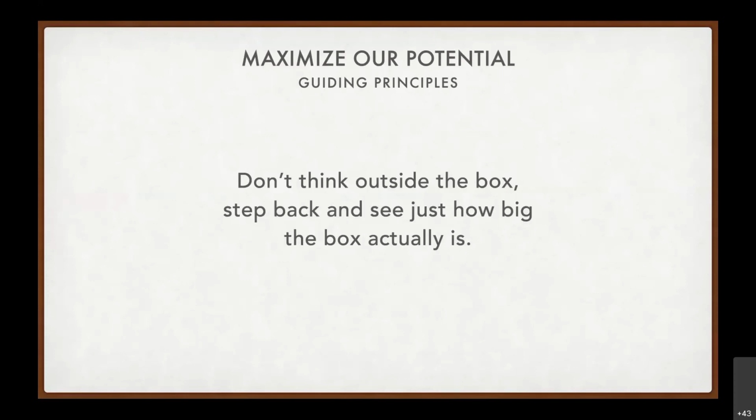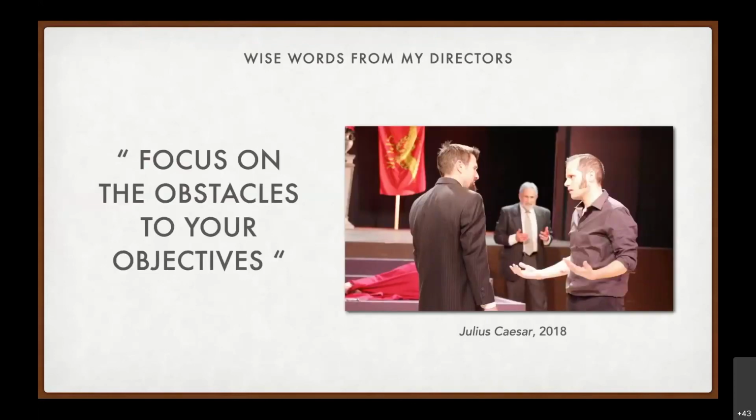And there are definitely those things that they don't do, but more often than not, there's some way to get FileMaker to do it. So, wise words from my directors: focus on the obstacles to your objectives. That was one of my favorite productions, Julius Caesar.